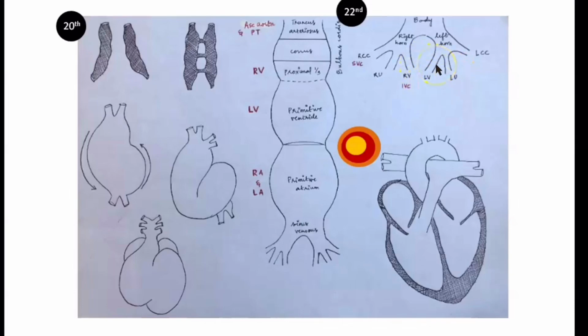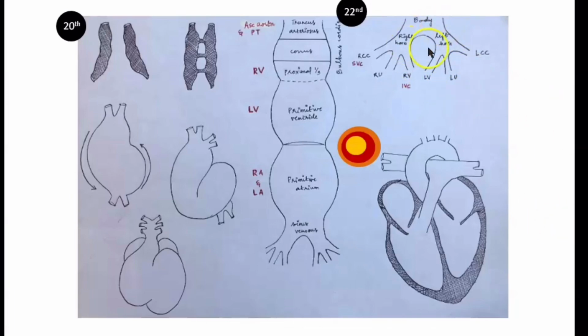So now what happens to the branches is that the right common cardinal vein will be the future superior vena cava. The right umbilical vein will regress, and the right vitelline vein will form the inferior vena cava. Similarly, on the left side, the left vitelline vein and the left common cardinal vein will regress, but the left umbilical vein will remain as it is.